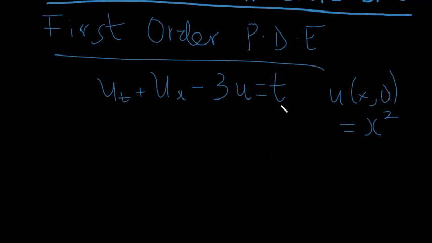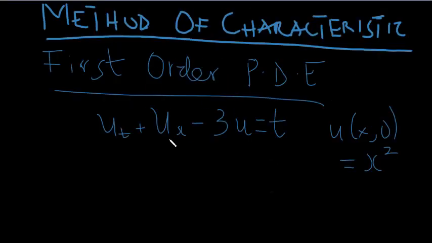We are just going to use this example to explain the method of characteristics. Anytime you're given a question, no matter how it may look, once it's a first order PDE, you can apply the method of characteristics, and you'll be able to find the solution to it.